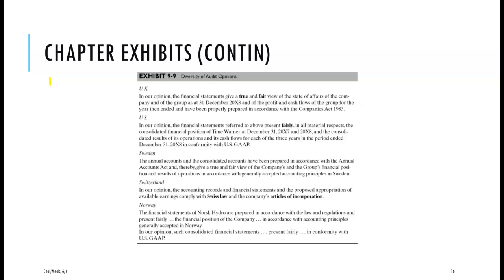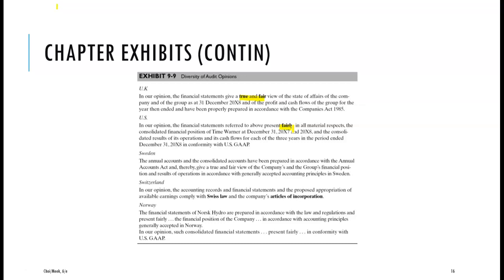The US auditor takes a less obstinate stance and states that the audited statements present fairly. So in the UK they use true and fair, but in the US they only use present fairly, without the emphasis of words.